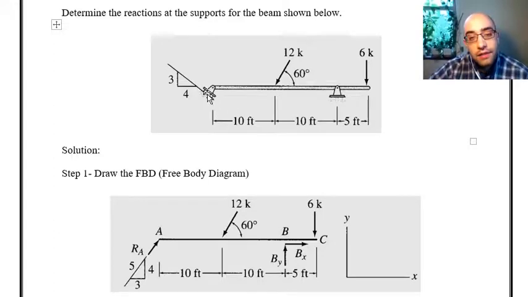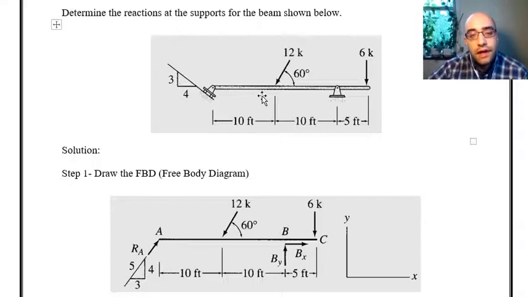Over here we have this roller support, and there is going to be one reaction, perpendicular to the plane which the support is located on. For the hinge support, we know that we are going to have two reactions, By, the vertical component, and Bx, the horizontal component.